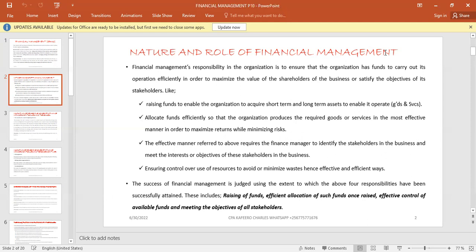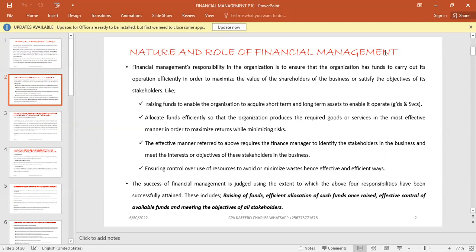Remember, here we are talking about the roles of financial management, and we are saying, first of all, we have to raise the money. When we raise the money, then we allocate those funds we've acquired. Allocate funds effectively so that the organization can produce the required goods and services in the most effective manner in order to maximize returns while minimizing the risks.